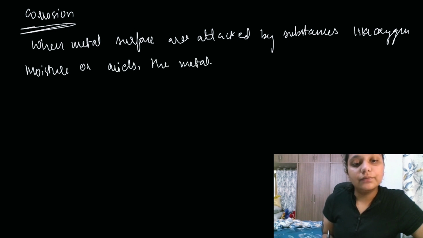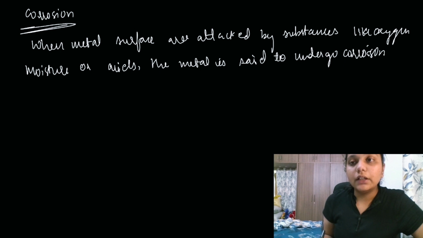The metal is said to undergo corrosion. So when you keep the metal outside, obviously it will react with oxygen, moisture and the acid which are present in the air. In that time, that metal undergoes corrosion.